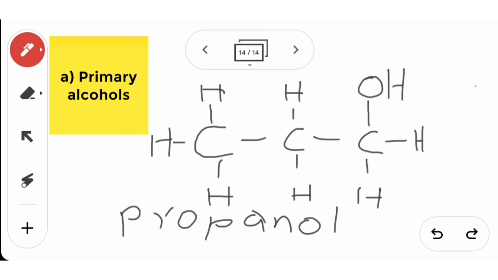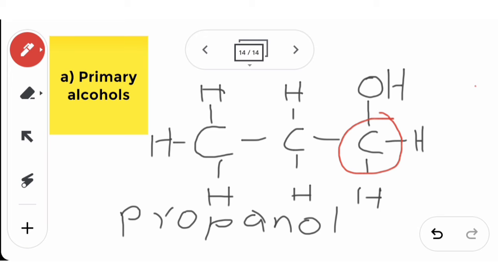This particular alcohol that you see is called propanol, and it also qualifies to be classified under primary alcohols because it only has one carbon atom that is directly attached to the alpha carbon. In this case, the alpha carbon is this carbon right here. We know that the alpha carbon is the carbon atom that is directly attached to the functional group.